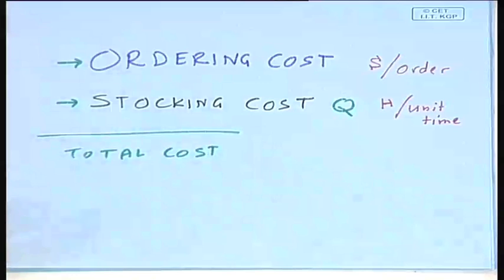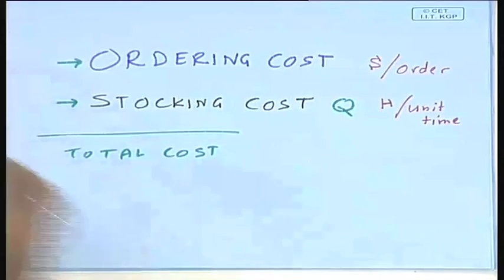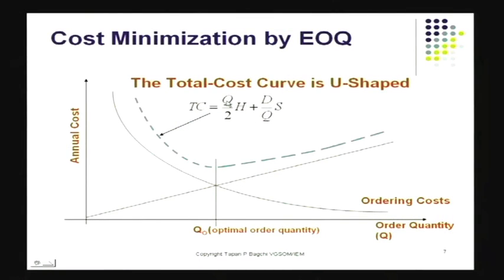And this total cost, as the equation is shown on the slide here, depends on H, the holding cost, multiplied by Q, your order quantity, divided by 2. Because of the sawtooth pattern, if you have ordered quantity Q at the beginning of the order cycle, at the end of the order cycle Q has got reduced to 0.